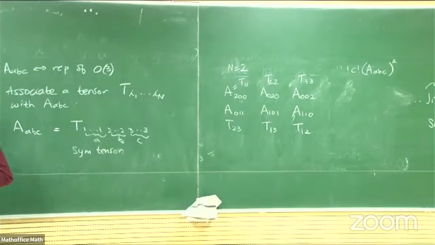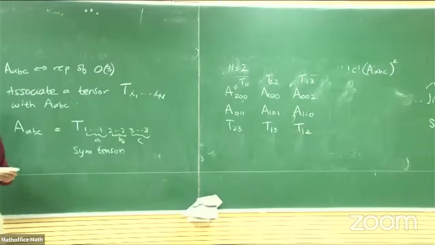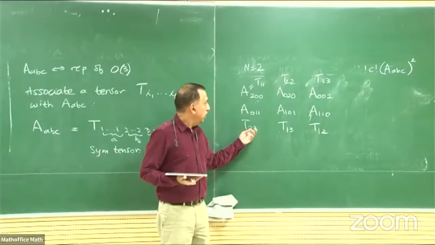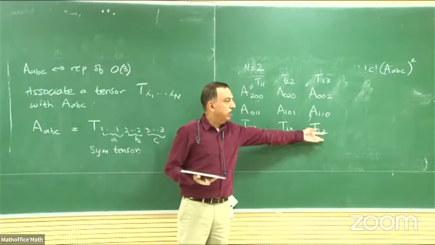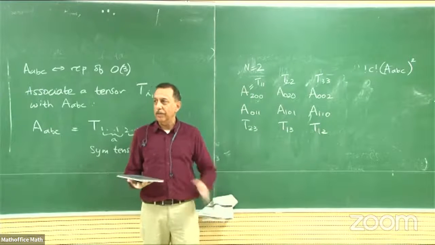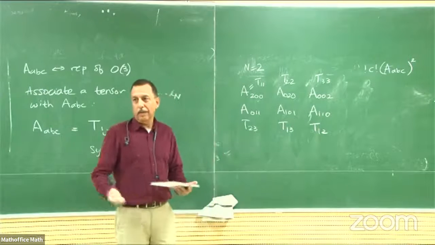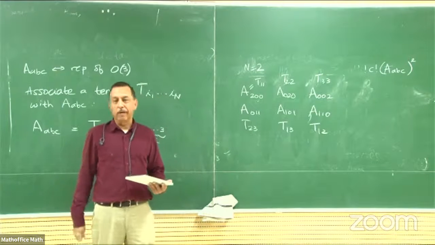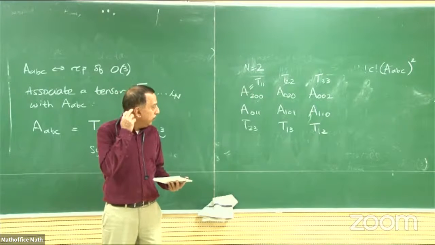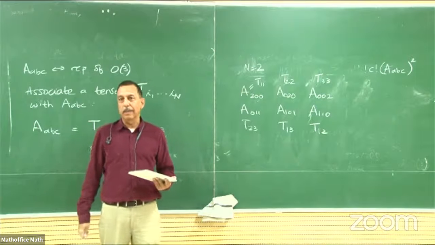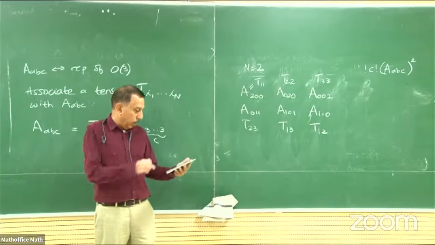So I've got 6 components of a second rank tensor Tij. And if you accept that it's symmetric, then 2, 3 and 3, 2 are the same, 1, 3 and 3, 1 are the same, 2, 1 and 1, 2 are the same. So I've got all components. And in fact, a 3 by 3 symmetric matrix does have 6 independent components. So I'm done.